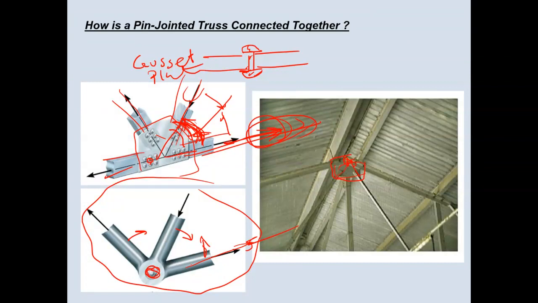A pin prevents this from pulling or pushing. Or if I want to give you a simple way of understanding this, in a truss structure, the members can only become longer or shorter. They never bend. So imagine this bar here. Initially, that's the bar. If that becomes longer, that becomes longer.